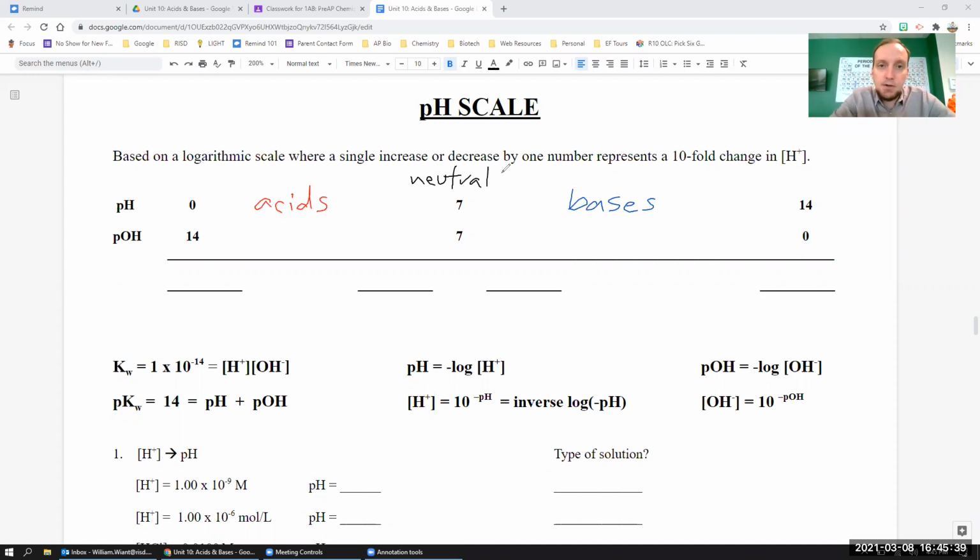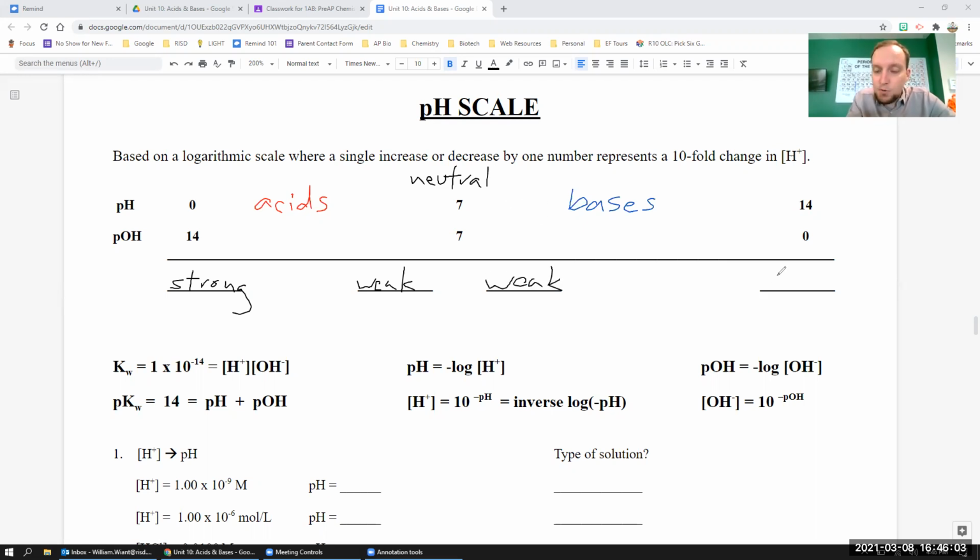That makes it neutral. Now, that being the case, anything acidic over here towards close to 6 or 5 is going to be considered a very weak acid. And everything way down here near 0, like 0, 1, and 2, are going to be very strong acids. Likewise, on the right side, if we have anything around 8 or 9, that's going to be a very weak base.